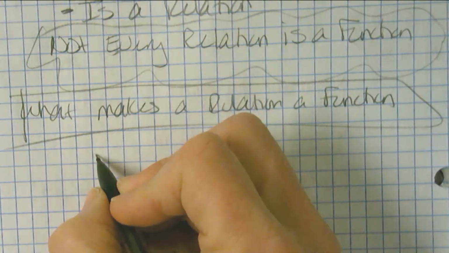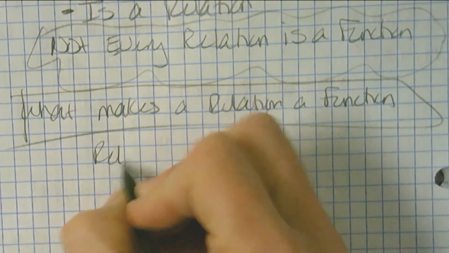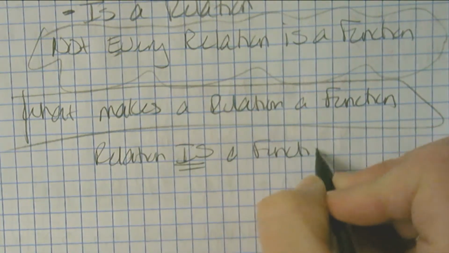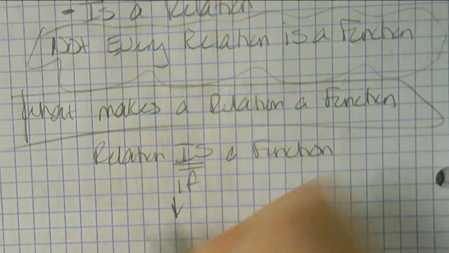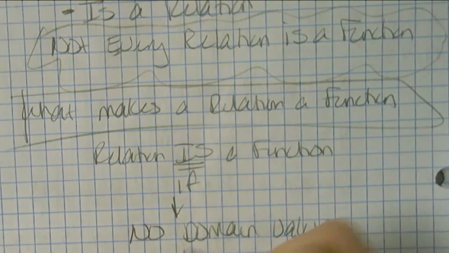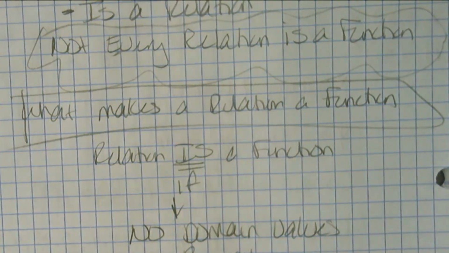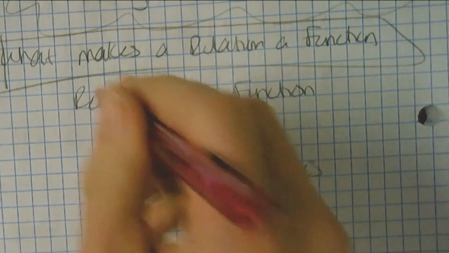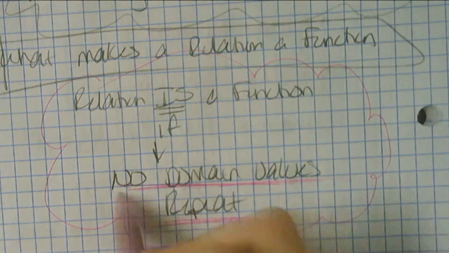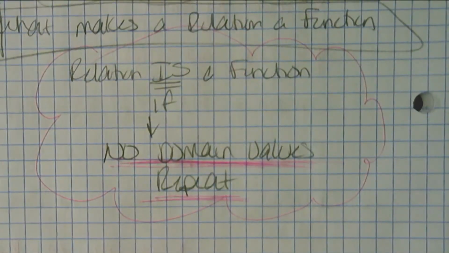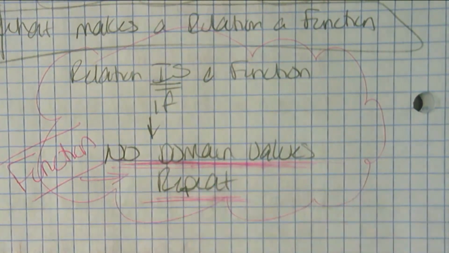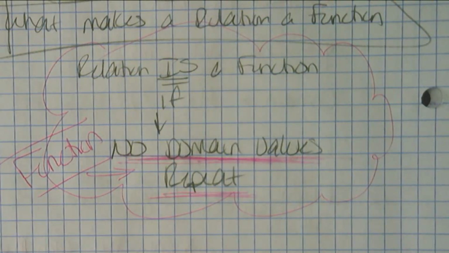A relation is a function if no domain values repeat. So if no domain values repeat, we do have a function.